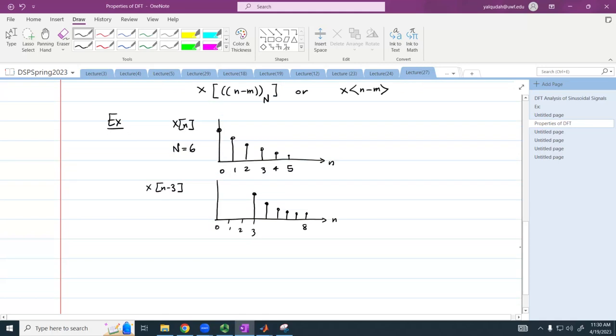Now, if I want to calculate the circular shift, x of n minus 3 modulo 6, I'm going to go to any point that is beyond 6 minus 1, which is 5, and I'm going to take them and move them back to here.